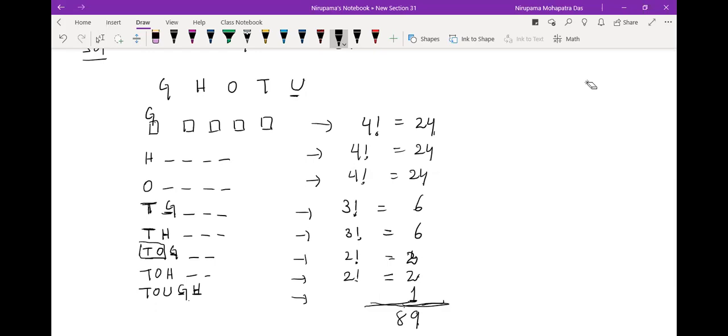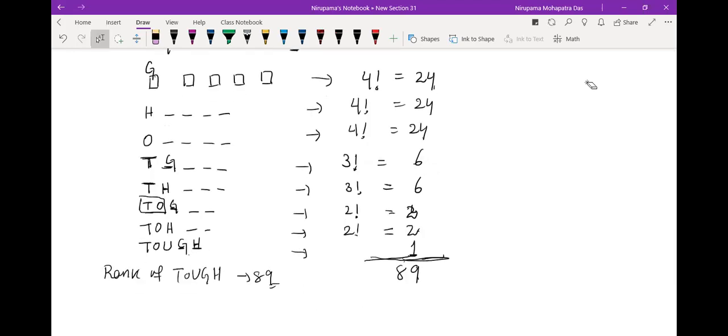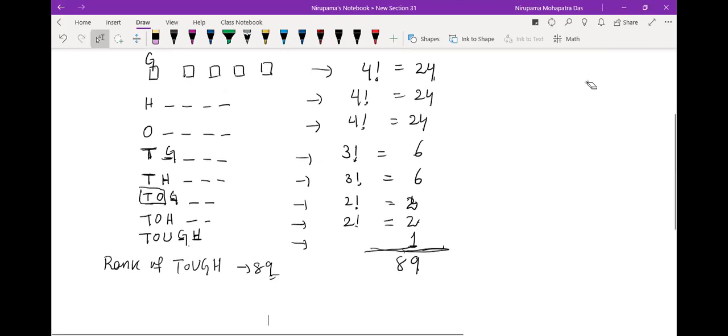Okay, so it means the rank of the word TOUGH in dictionary is 89. So TOUGH is 89th word of the dictionary. Okay, so this is basically the procedure, the process in which the words are formed.